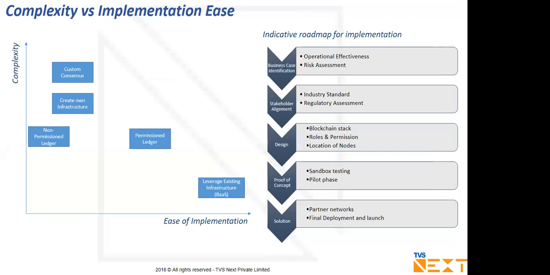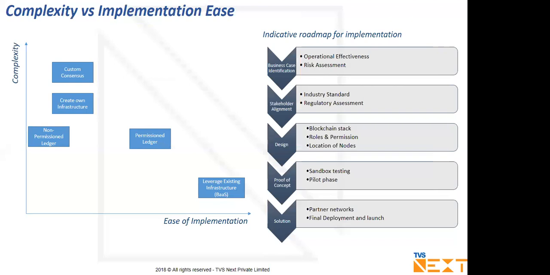IOTA is able to handle a lot of transactions, compared to what Bitcoin and Ethereum could ever do. Even Hyperledger Fabric 1.0 is able to handle a lot of transactions, and it is also a permissioned ledger. So that slightly reduces the complexity.